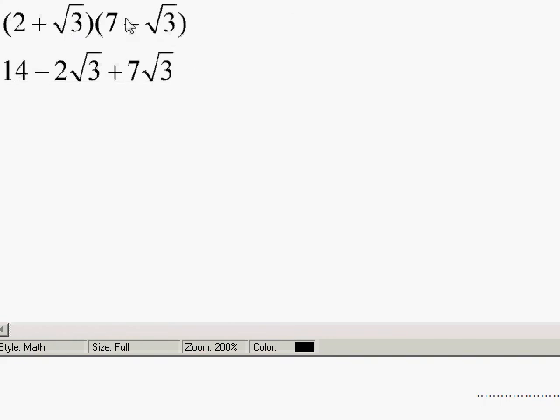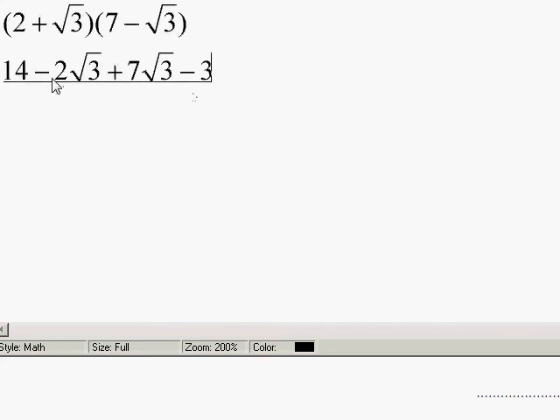It's a positive number times a negative number, and positive times a negative leaves a negative. So minus √3 times √3 is simply minus 3.